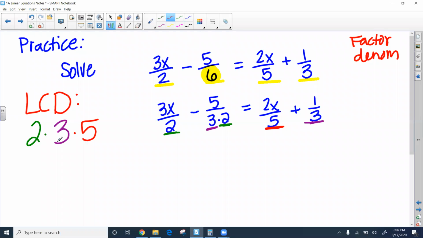Now that you know the LCD, I want you to try to finish solving this problem. So now you're going to multiply everything by the LCD. Multiply all the fractions by 2 times 3 times 5 to get rid of the fractions, and then solve from there. I'm going to give you another minute or so, probably a little bit longer, to solve that. And then once you have an answer, type it to me in the chat.